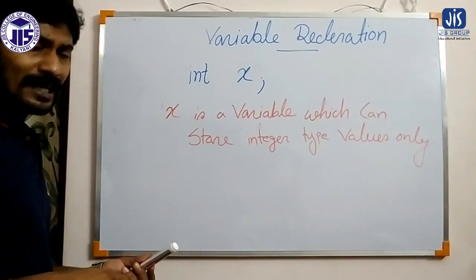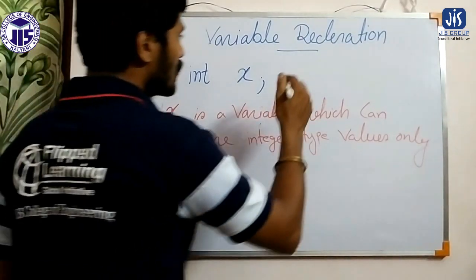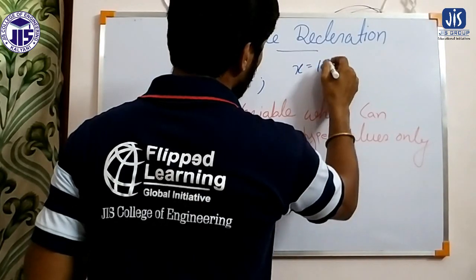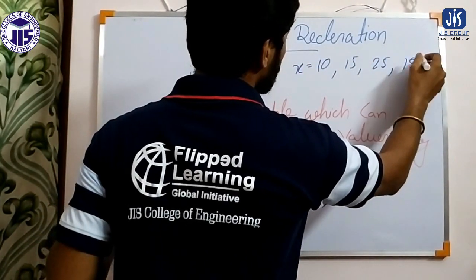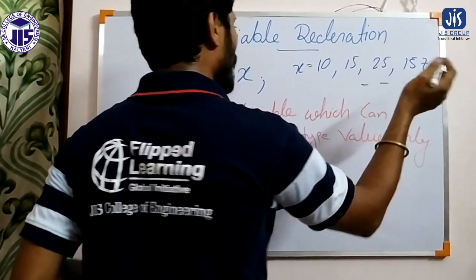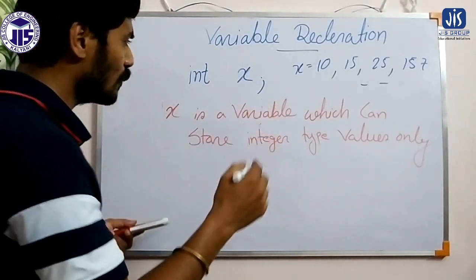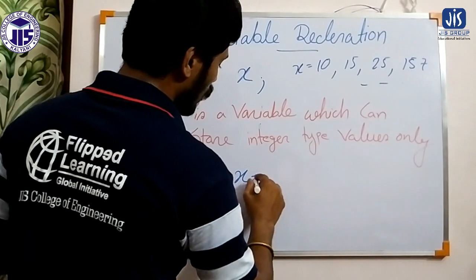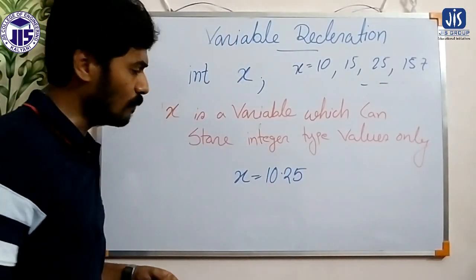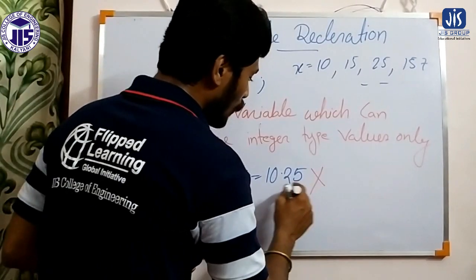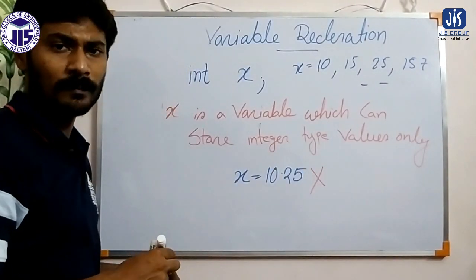So the value of x may be 10, maybe 15, maybe 25, maybe 157, whatever, any integer value you can assign. But if I write x equal to 10.25, that is not possible, because 10.25 is a float type number.